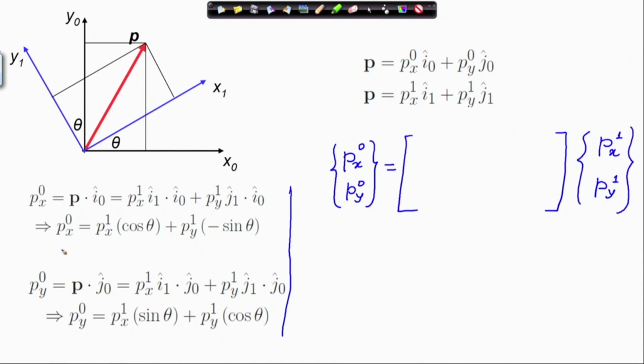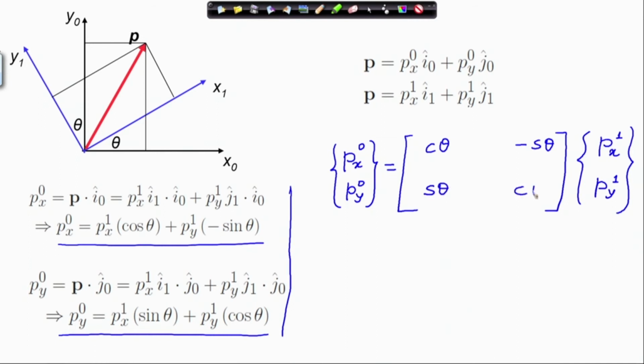Because I have these two relations, on the left we have Px0, Py0, and on the right we have Px1, Py1. So, I have written them as a matrix times Px1, Py1, and if you fill in the elements of this matrix from the individual relations, you will obtain this matrix.